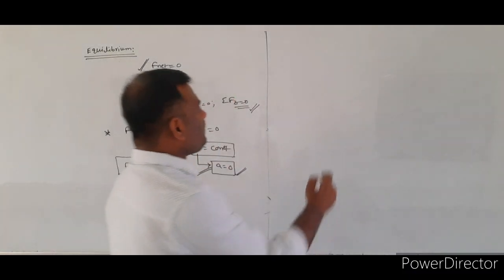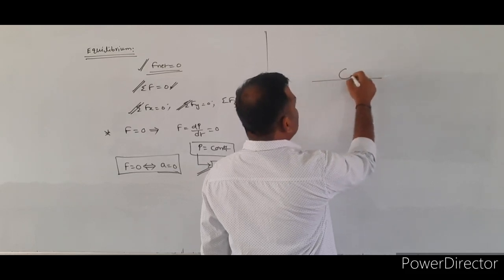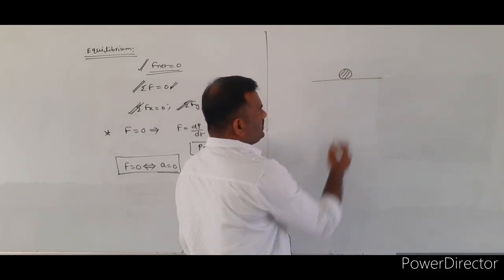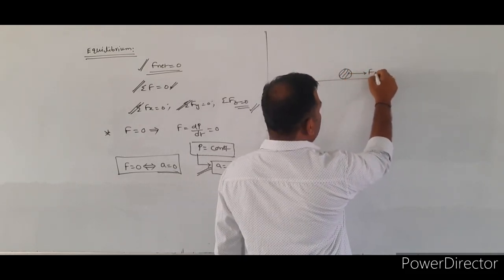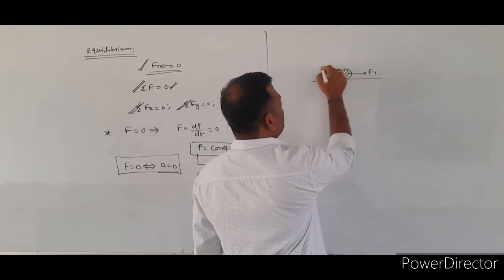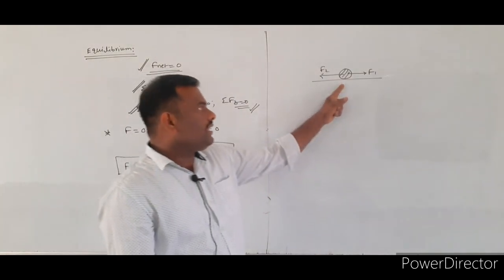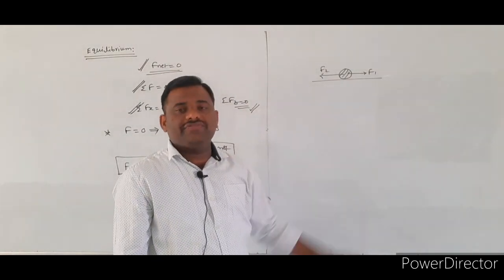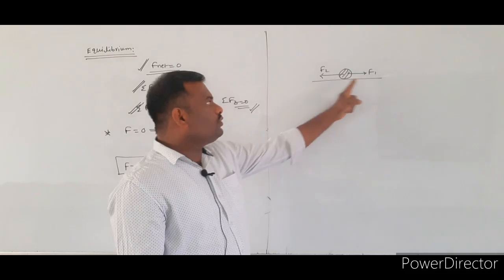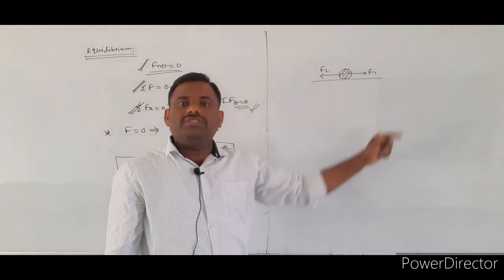Suppose an object is there. Over the object, two different forces are acting in opposite directions. So we consider one object, and the object is placed on a horizontal surface. Over the given object, two different forces are acting in opposite directions.